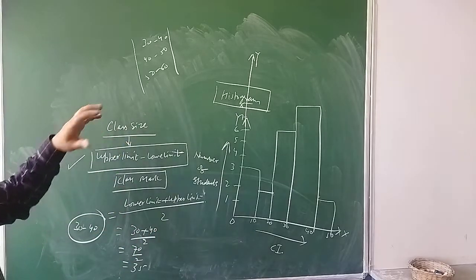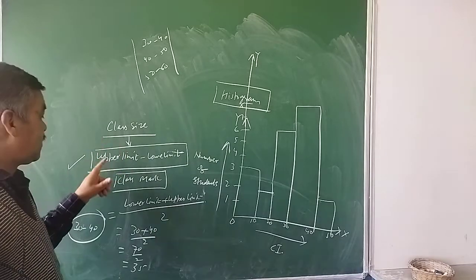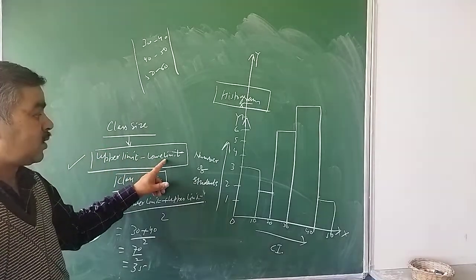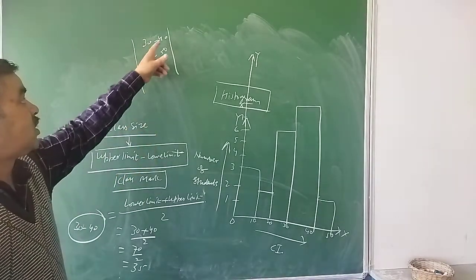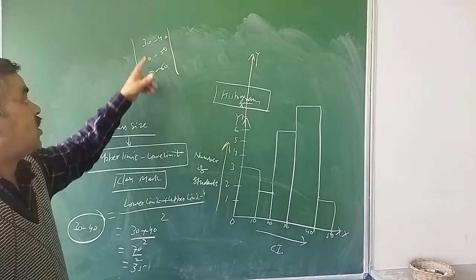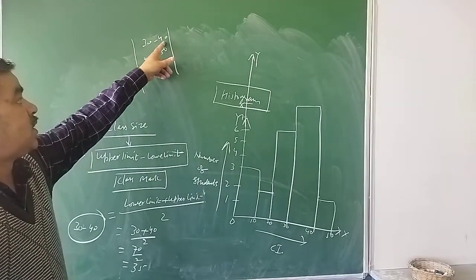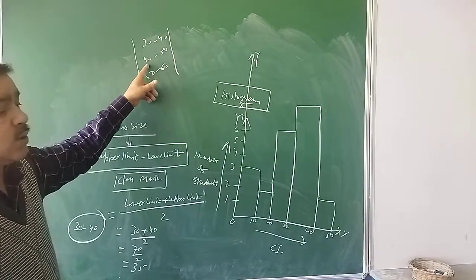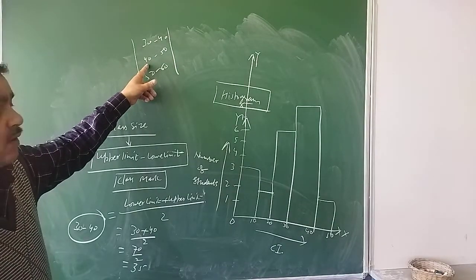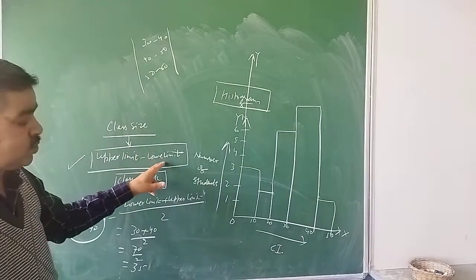And for class size, remember, whenever you write upper limit minus lower limit, there is a condition: the data should be continuous. Whatever is the upper limit of the first class interval should be the lower limit of the second class interval, and so on. Then you can use this.